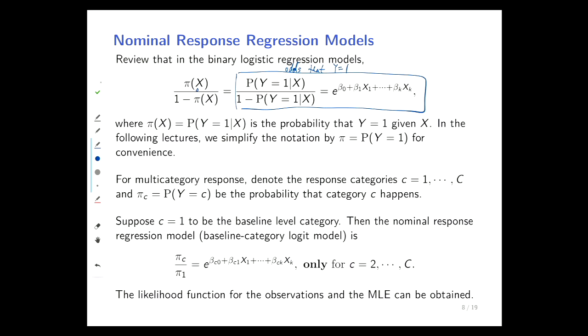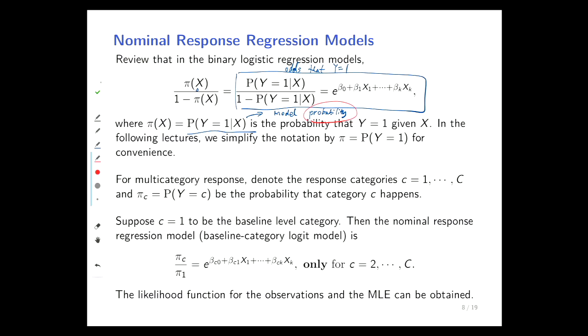So here we have this probability. That means for the logistic regression model, we model the probability. In order to generalize this model, we should still model the probability for the multi-category response regression model. That's the idea.